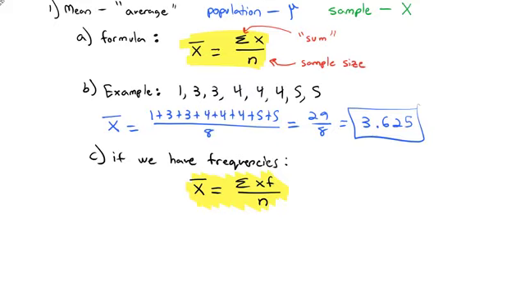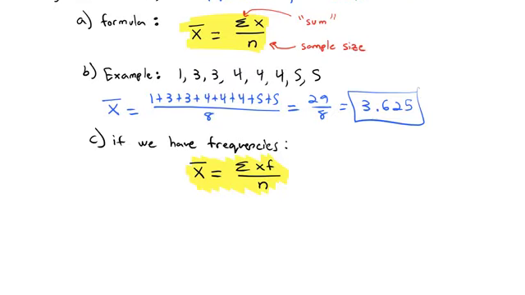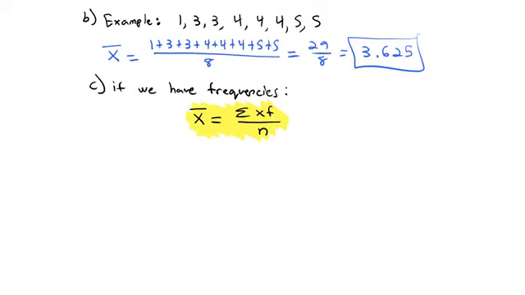Let's do the exact same example we just did, but this time we're going to summarize those numbers by their frequencies. So first, I'll list out the numbers. The numbers that showed up were 1, 3, 4, and 5. But then I'm going to have another column that shows the frequency. I had a single 1.